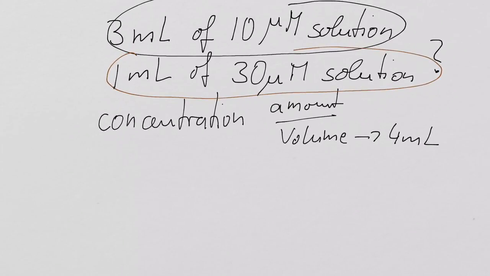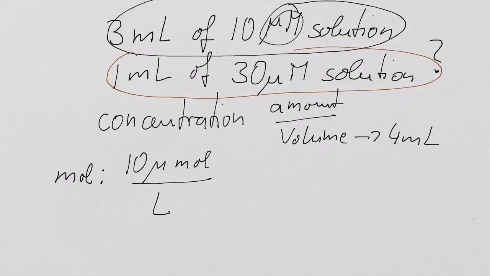So we are looking for moles. Let's look for solution A. We are looking for mole. Do we have mole anywhere? Where? 10 micromolar. So I have 10 micromole per liter.